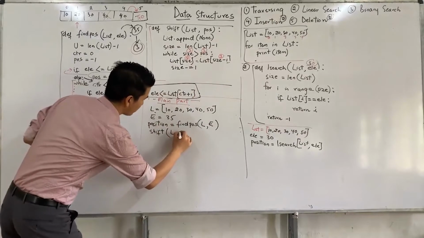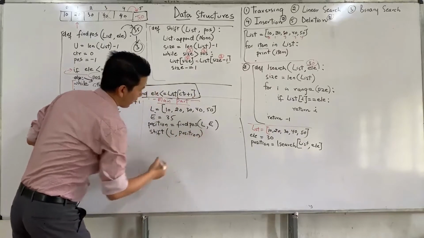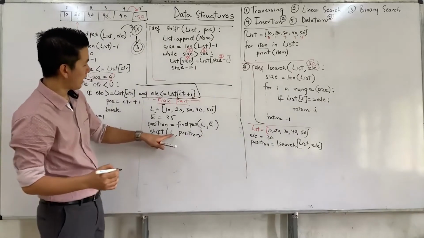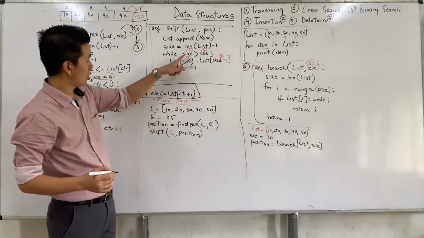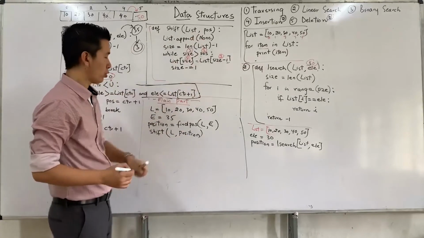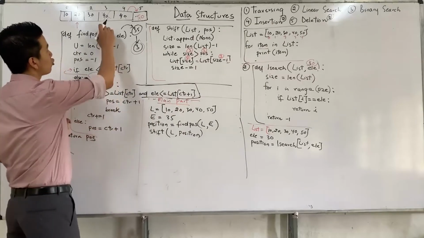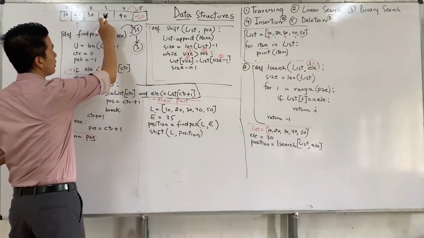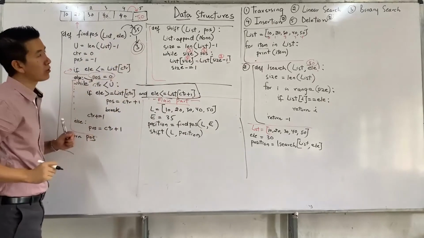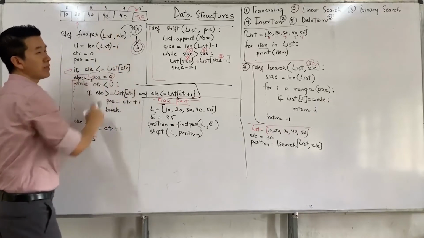So you have the position. Okay, I've already explained the logic. So L will be assigned to list, position will be assigned to P or S. And then finally, once you make room, you now need to replace this particular element with the new element. How do you access this element?